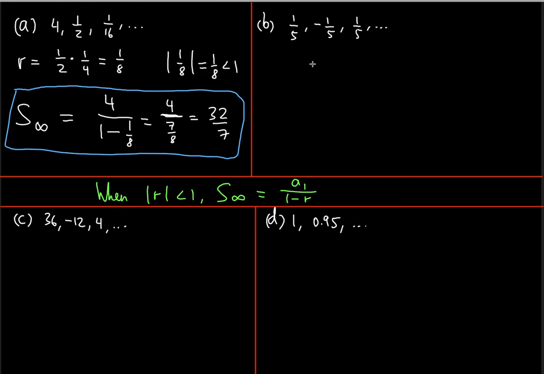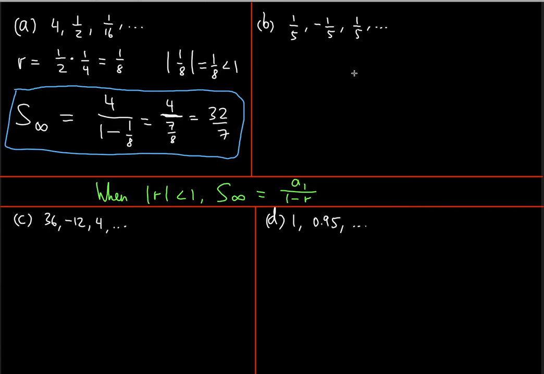The next example, of course, think about the functionality of this when it comes to finding the infinite sum of all the terms. In this case, notice that it always fluctuates. It goes 1/5, then -1/5, again positive, the next one will be negative, etc. How can you possibly add infinitely many times and expect to get a value?